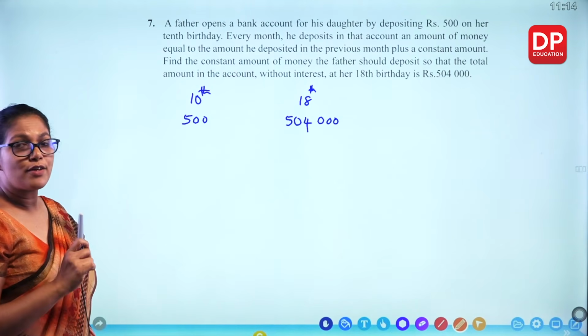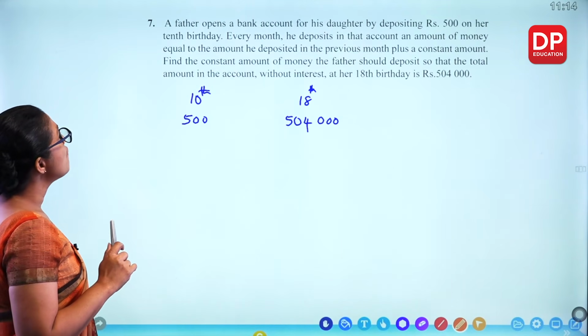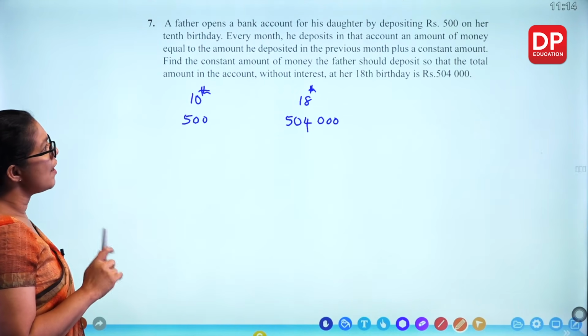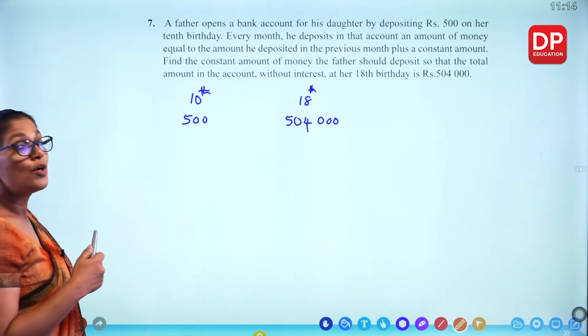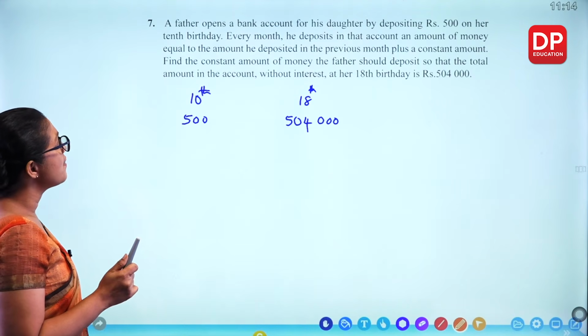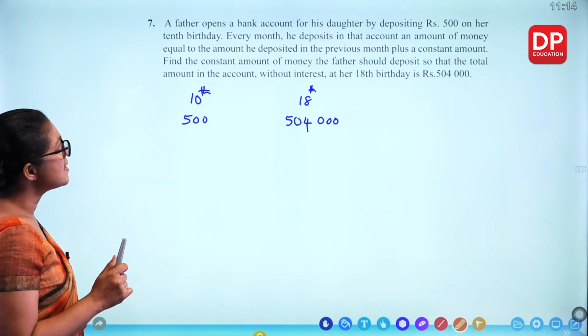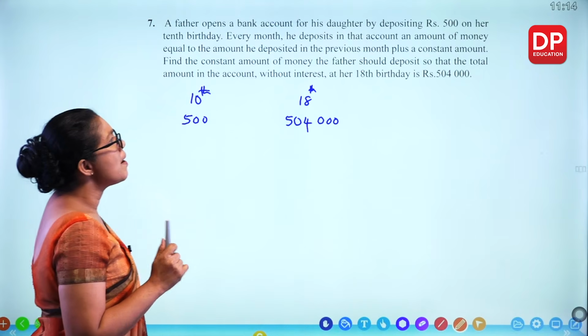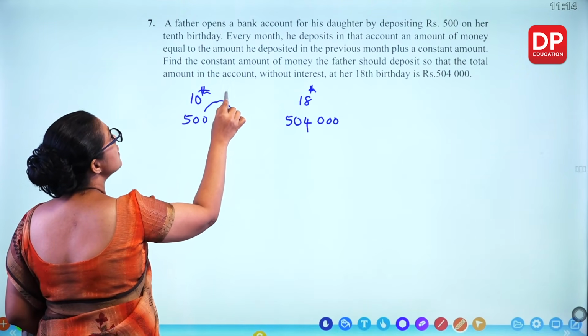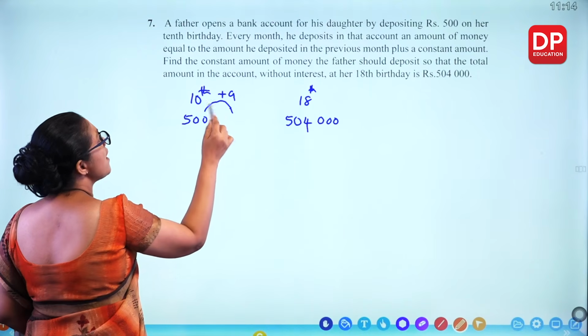So we'll try to understand the question. A father opens a bank account for his daughter by depositing 500 on her 10th birthday. So the starting value is 500. Every month he deposits in that account an amount of money. We'll say A amount. Every month A amount.